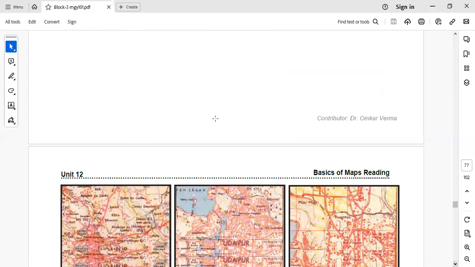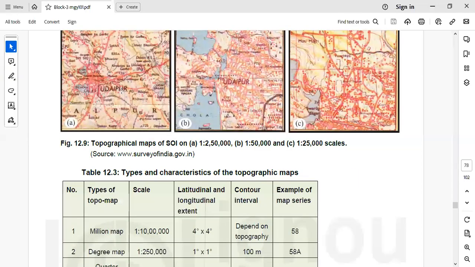So here you can see this map, the million map with scale 1:250,000, and the coverage of the area is quite large.